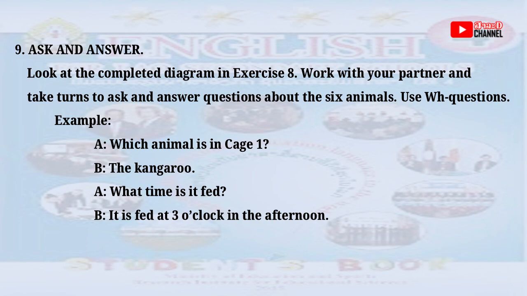Look at the completed diagram in Exercise 8. Work with your partner and take turns to ask and answer questions about the 6 animals. Use WH questions. Example: Which animal is in cage 1? The kangaroo. What time is it fed? It is fed at 3 o'clock in the afternoon.